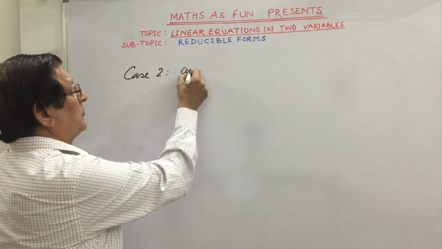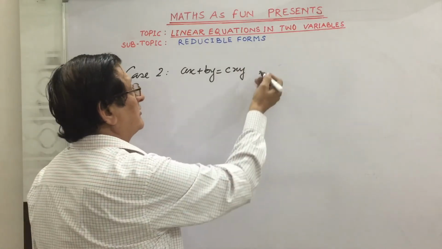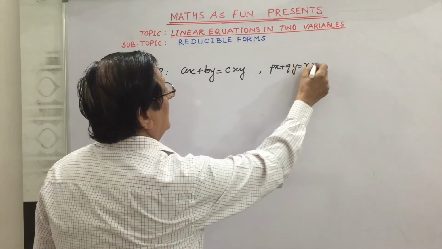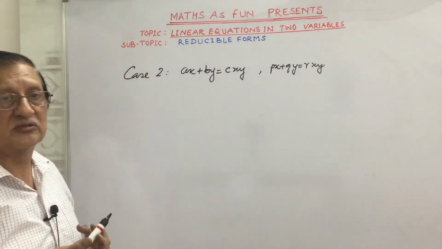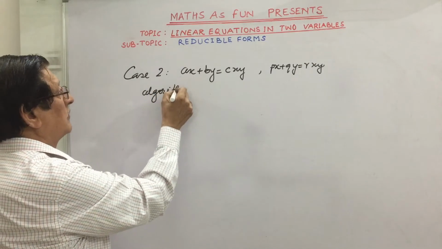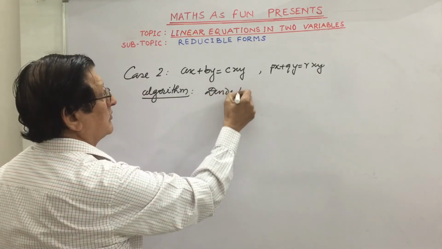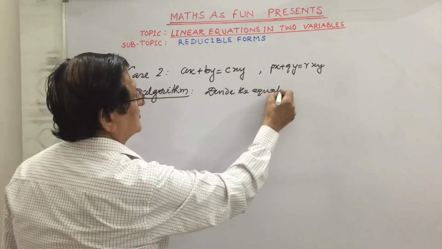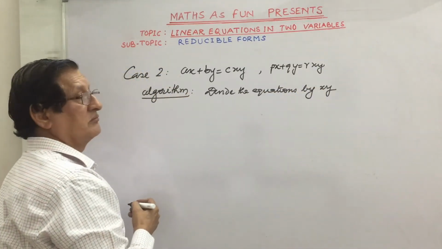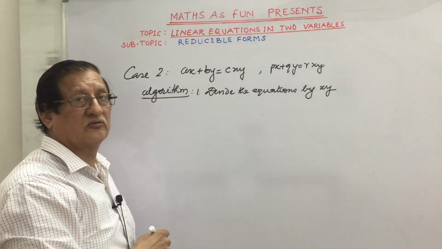The second case we have, if the equation is in the form of ax plus by equal to cxy, and another equation is in the form of px plus qy equal to rxy. What do we do in this? The algorithm we can take here: divide the equations by xy.